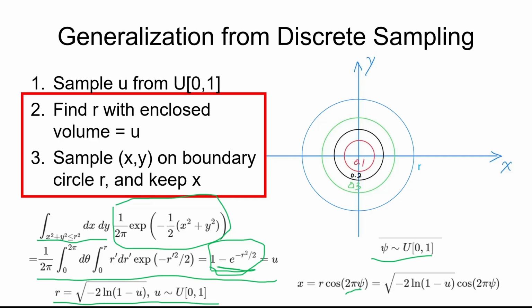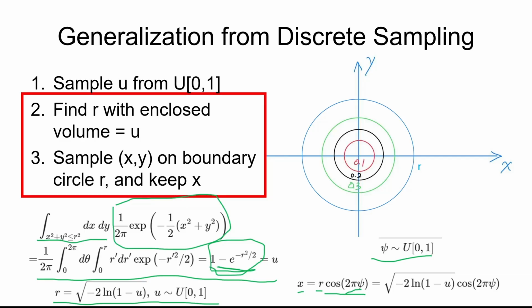That gives us the angle between 0 and 2 pi. So to get the x value, we only need to multiply this radius r with this cosine value. That gives us the x value, which is something we want to sample for the 1D Gaussian distribution.